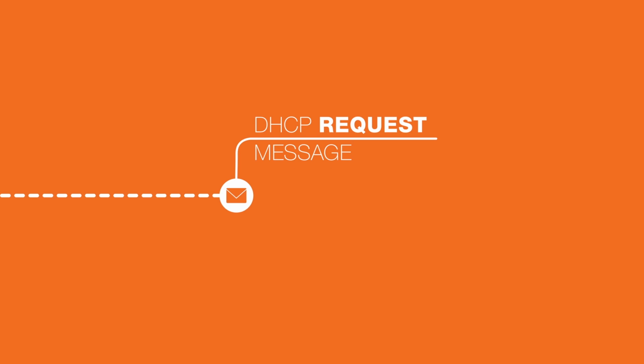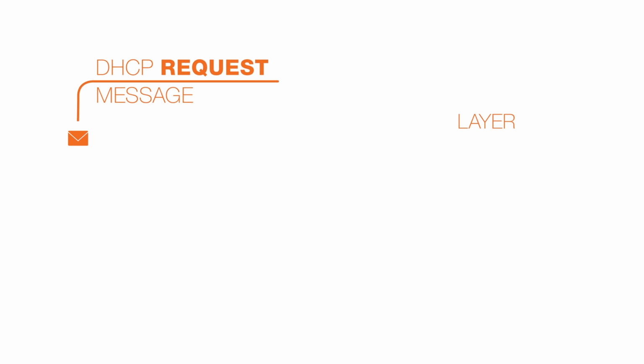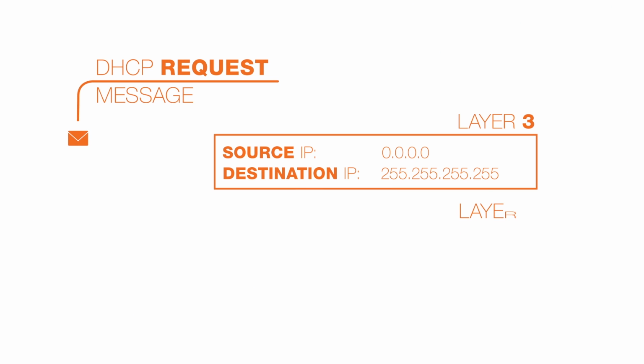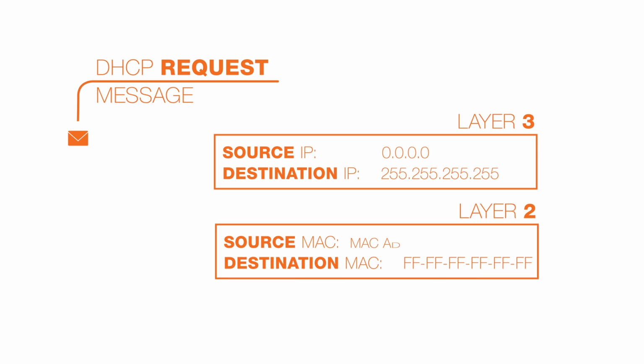Then, the client will send a DHCP request message, again with a destination broadcast address and a source IP address of quad 0. As mentioned, the client might actually be reading messages to the unicast address that is still not fully bound to the NIC.